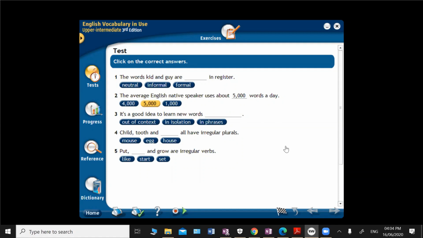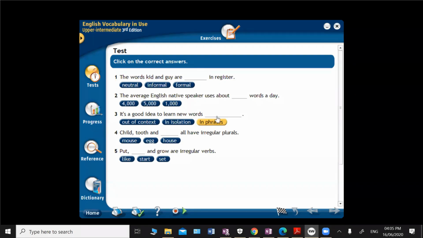Okay, number 3, it's a good idea to learn new words out of context, in isolation, in phrases. Someone says in phrases. Okay, in phrases. Sometimes it takes a little bit of time.